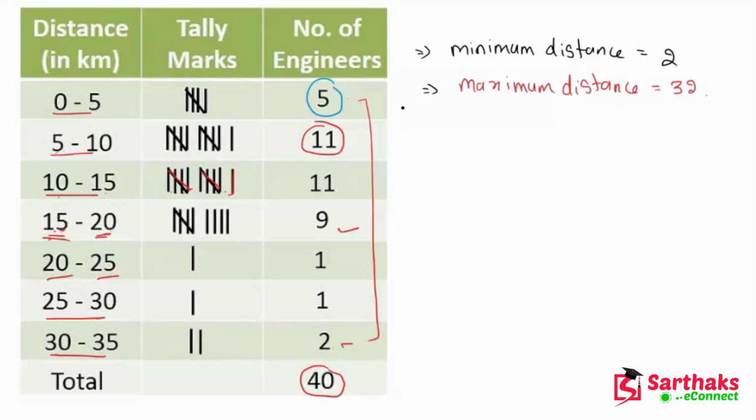Now it can be observed that there are few engineers whose homes are at more than or equal to 20 kilometer distance from their workplace.